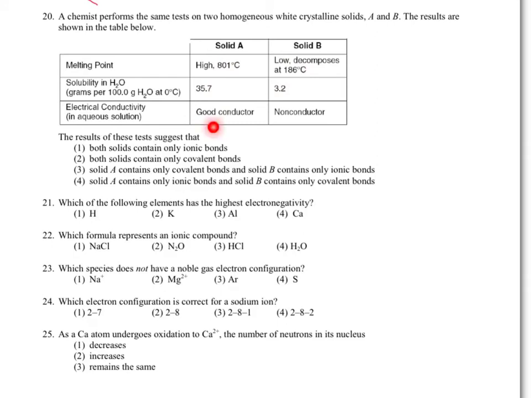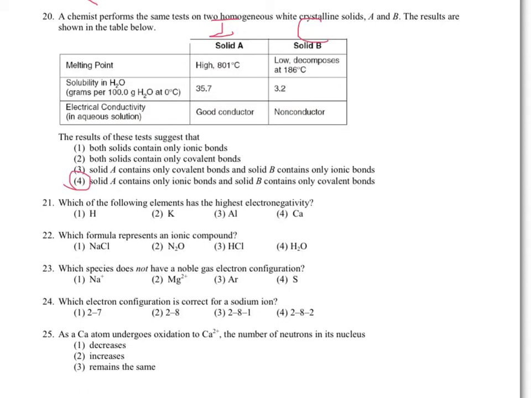One is a good conductor in an aqueous solution in water, and one does not conduct electricity in water. So these are very different, and we see that the properties of A make it like an ionic bond, the properties of B make it like a covalent bond. So the best choice here is choice 4.